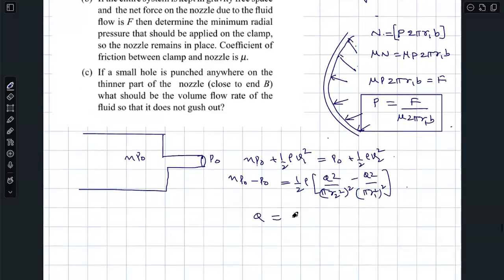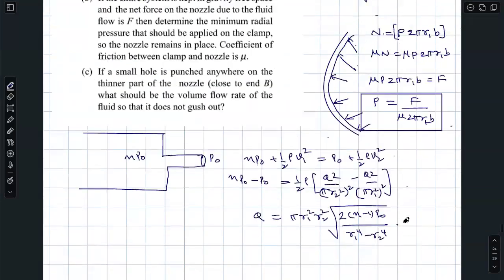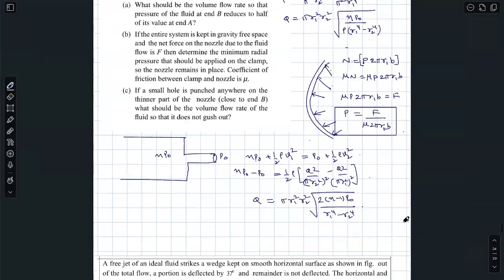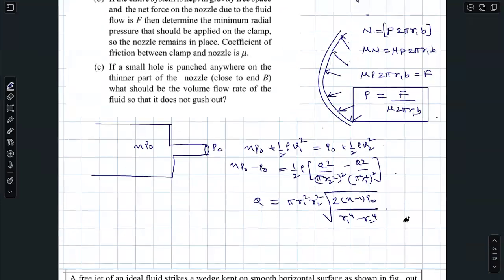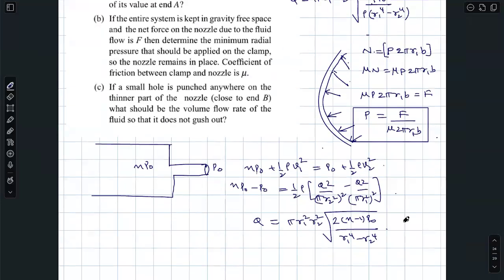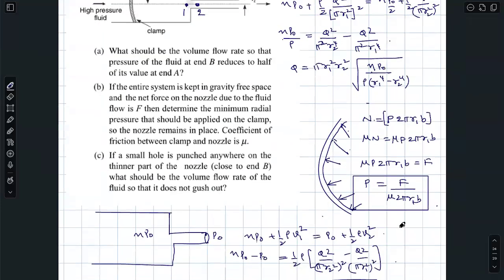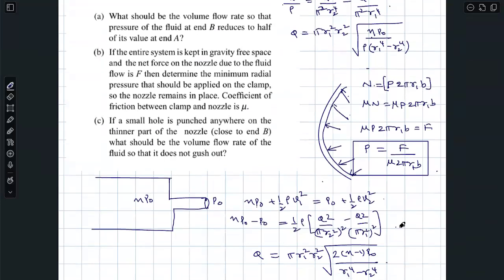Q వచ్చేసి pi R1 square R2 square under root. Any doubts, boys and girls? Sure. Right or not? ఇంకా మనం ఏం డిస్కస్ చేయని ఒక్క నిమిషం.